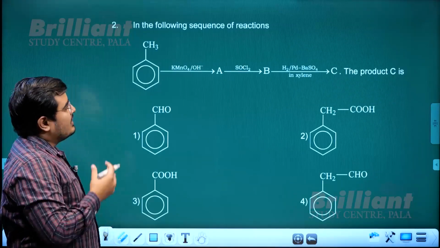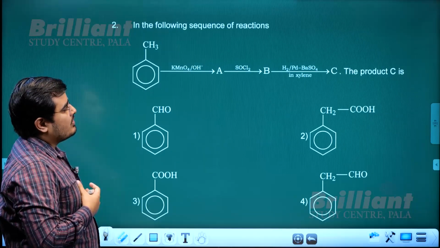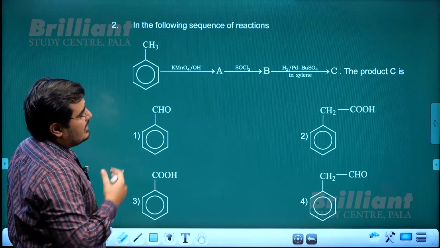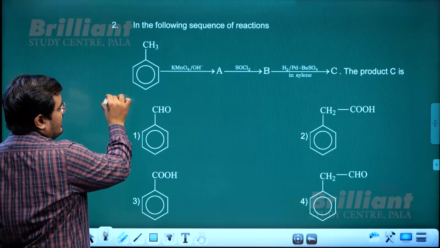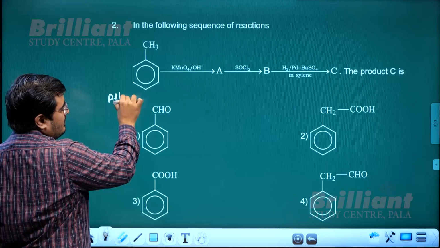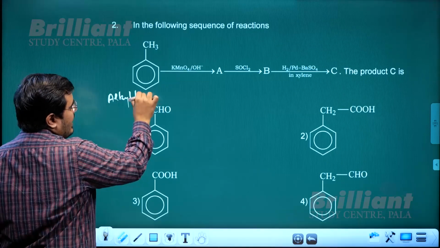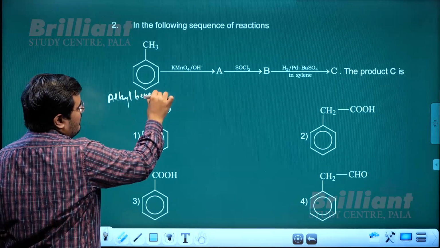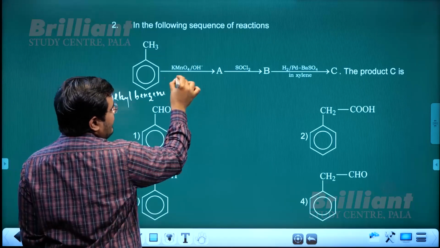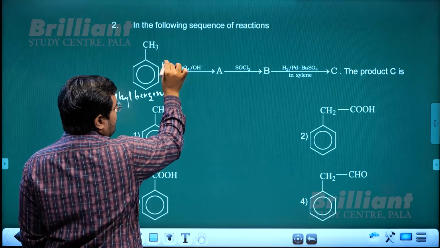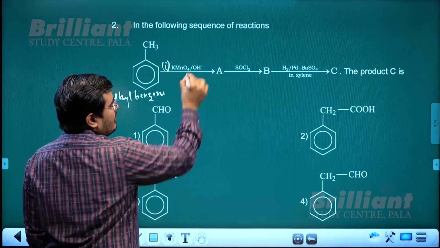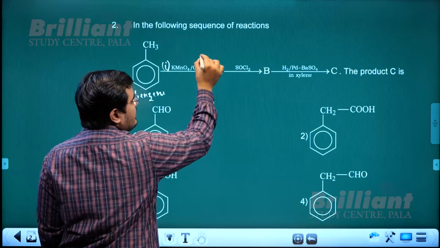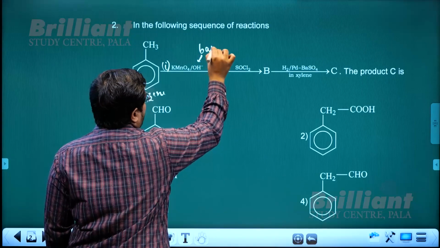So the second question is, in which of the following sequence of reactions is C the product of the reaction? If you recall, this is an alkyl benzene. Now with alkyl benzene, if we use a strong oxidizing agent, KMnO4, OH-, this is representing that the oxidation is done in the basic medium.